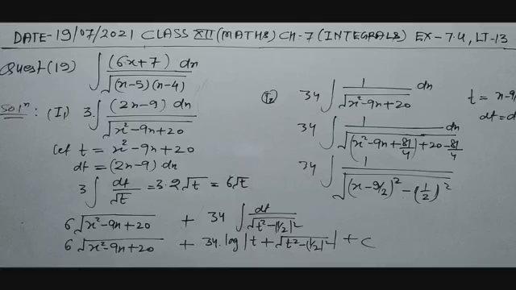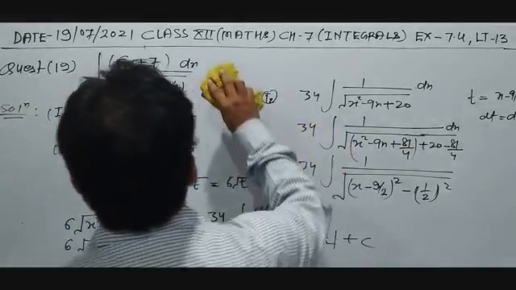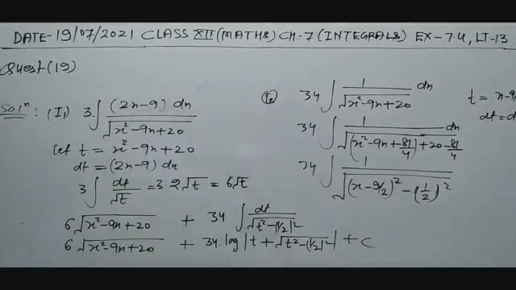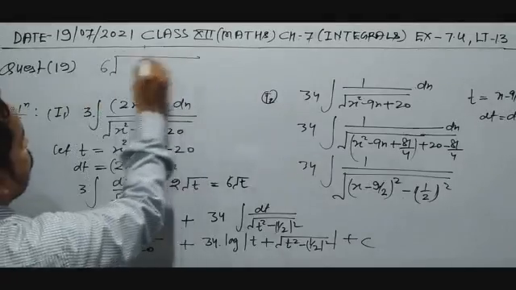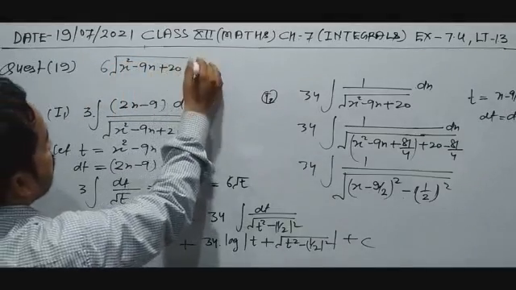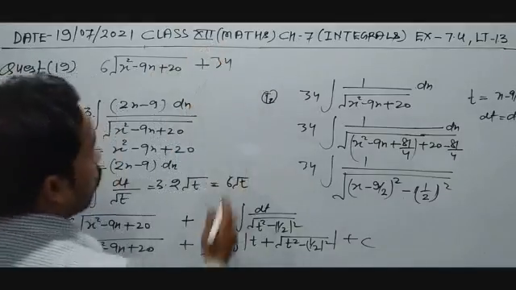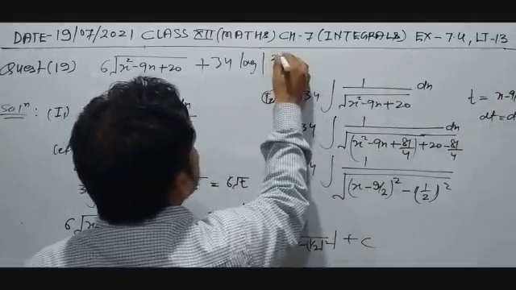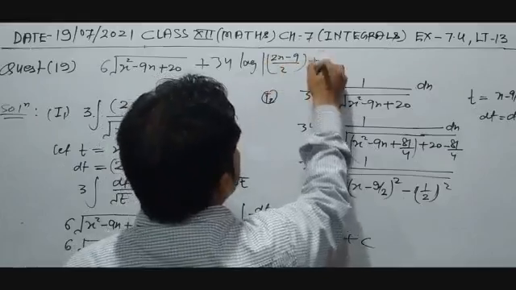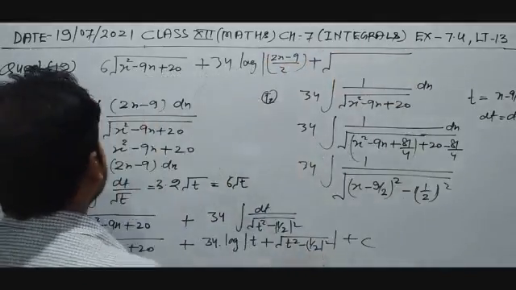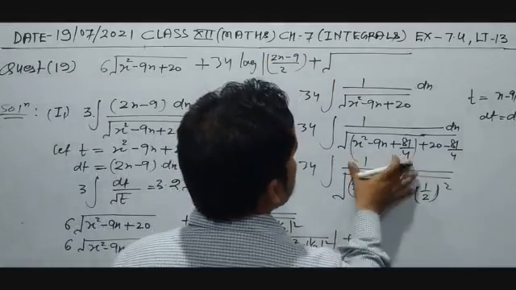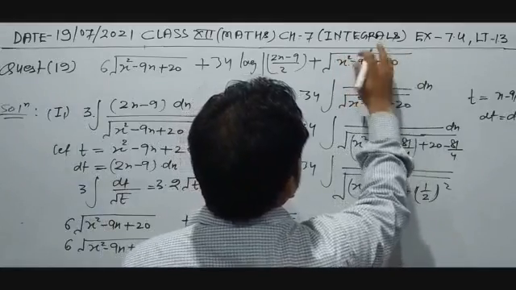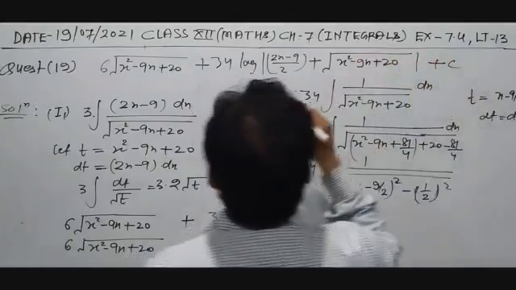Now put the value of t, which is x − 9/2, that is (2x − 9)/2. So the whole result is 6 times root over x² − 9x + 20 plus 34 times log of mod of (2x − 9)/2 plus root over x² − 9x + 20, mod close, plus c. So this is the answer.